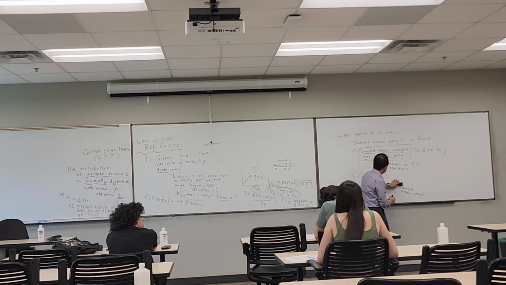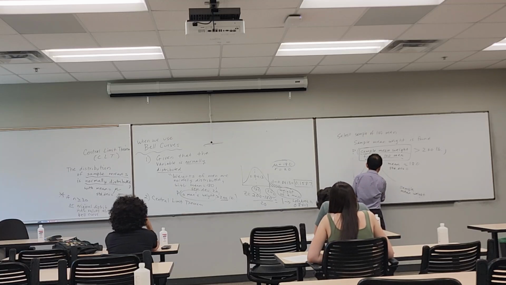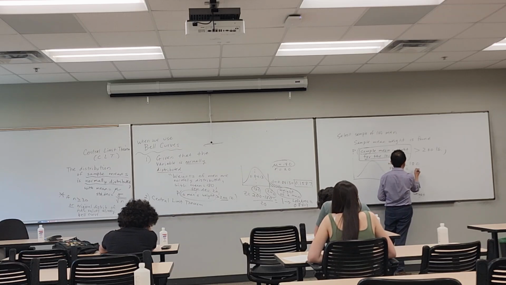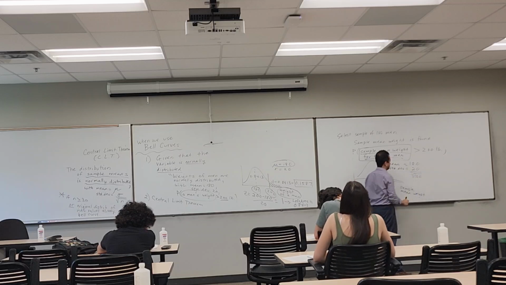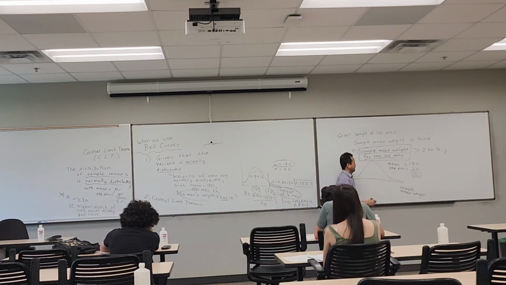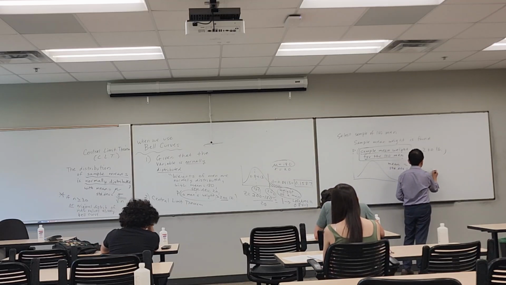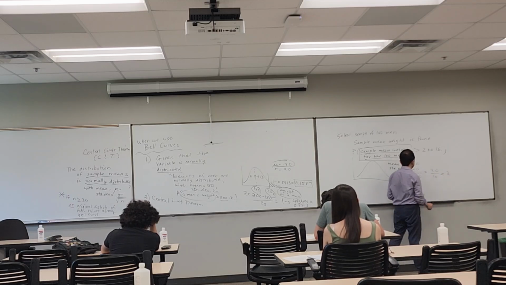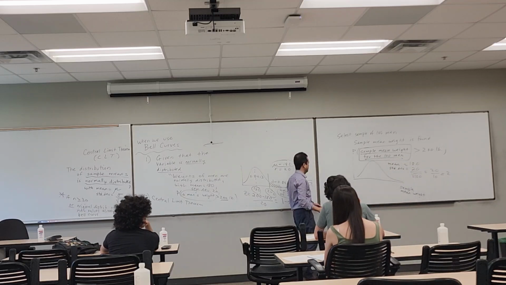So, the square root of the sample size, which is, the original standard deviation is 20 divided by the square root of 100, or 10. So that ends up being 20 divided by 10, which is 2, so the standard deviation is 2.